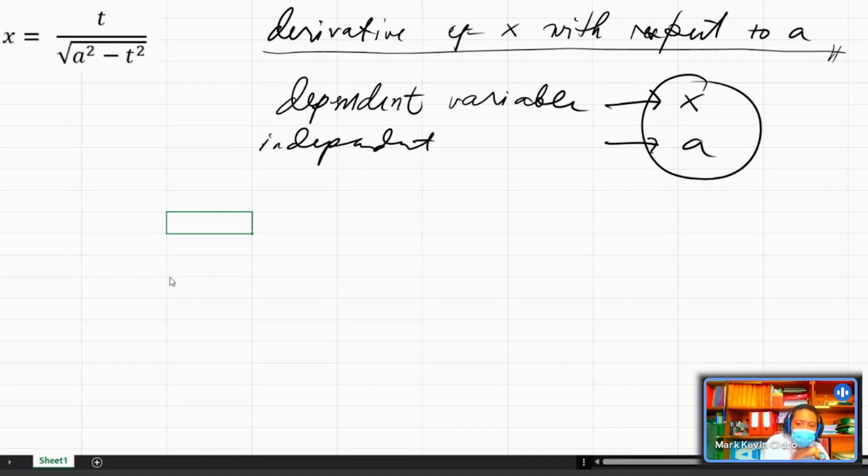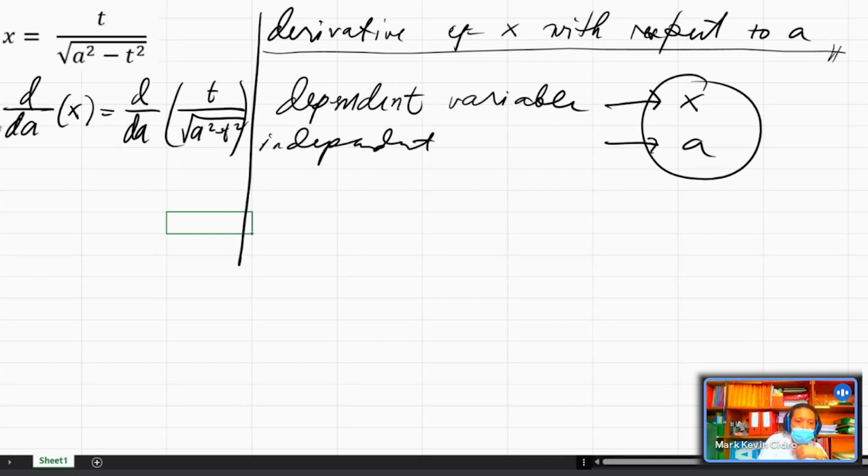So we get the derivative of both sides of the equation with respect to a. d over da of x is equal to d over da of t over the square root of a squared minus t squared. Then simplify.